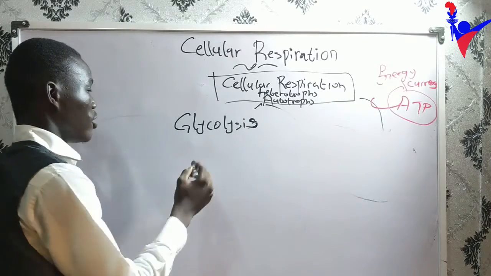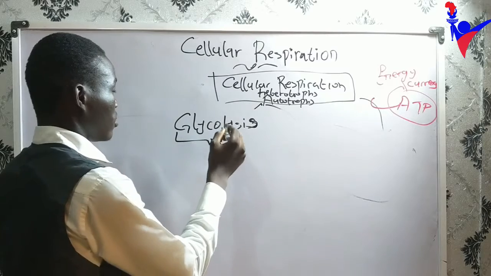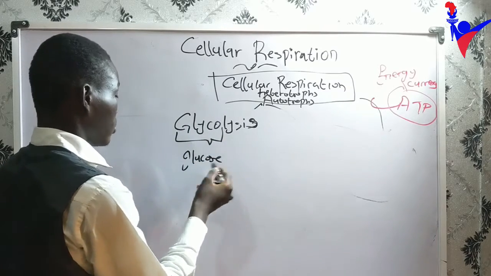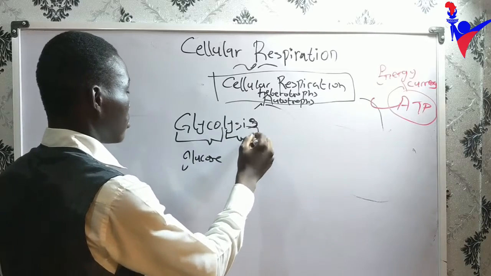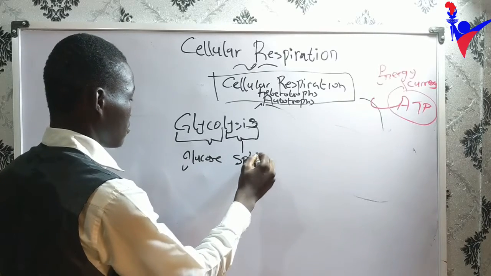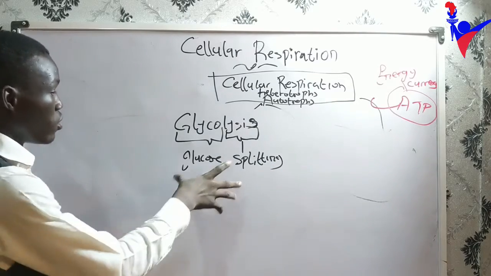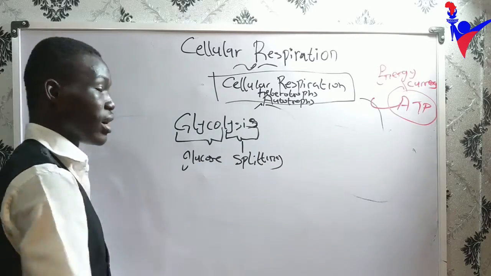Anyhow you want to call it. The glyco, of course, means glucose, that's sweet, and the lysis means breakdown, splitting. So we are splitting glucose, breaking it down to give us energy.